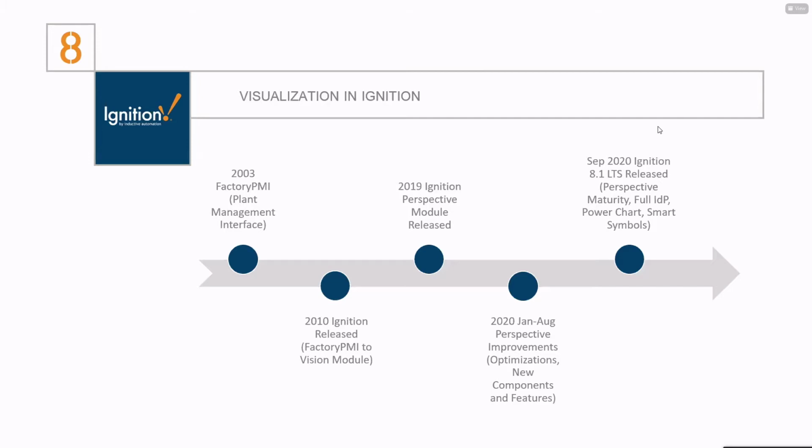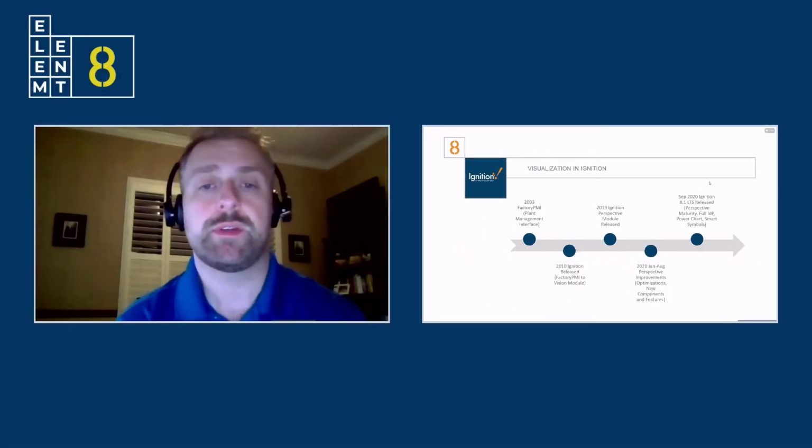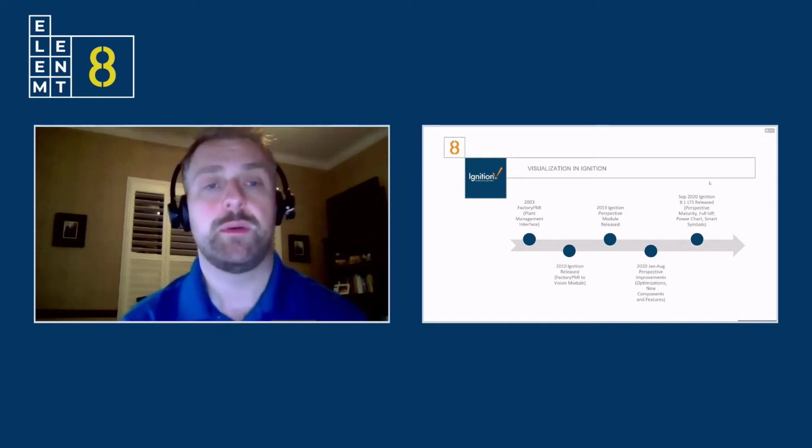And of course, if you look at our personal lives, we're using our browsers for more and more. All web applications are out there. All the big tech companies are building these amazing applications, leveraging browsers and really leveraging HTML. And so we felt we had to do the same thing with the Ignition platform. So in 2019, or before 2019, we started a 1.5 to almost 2-year venture on research and development, and to really come out with a first-class visualization system that was mobile first, that leveraged browsers, and that is Perspective.